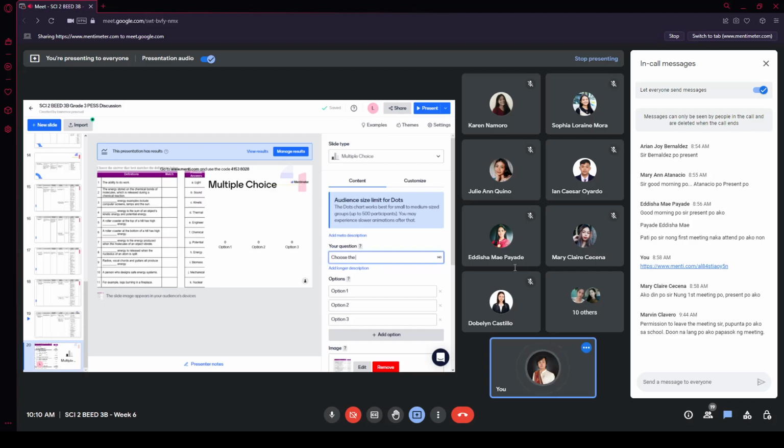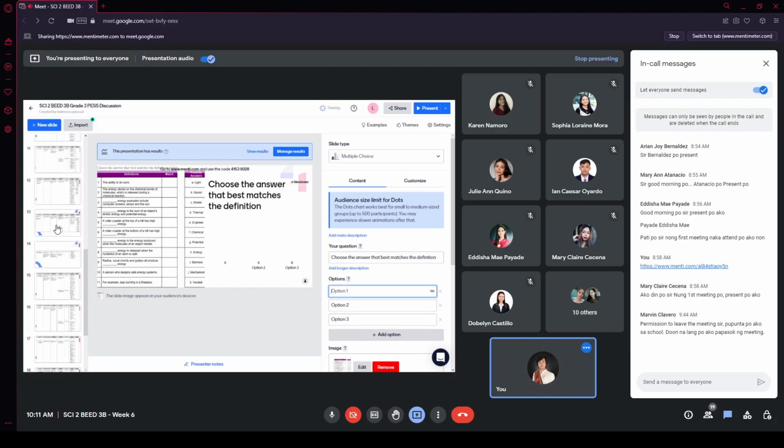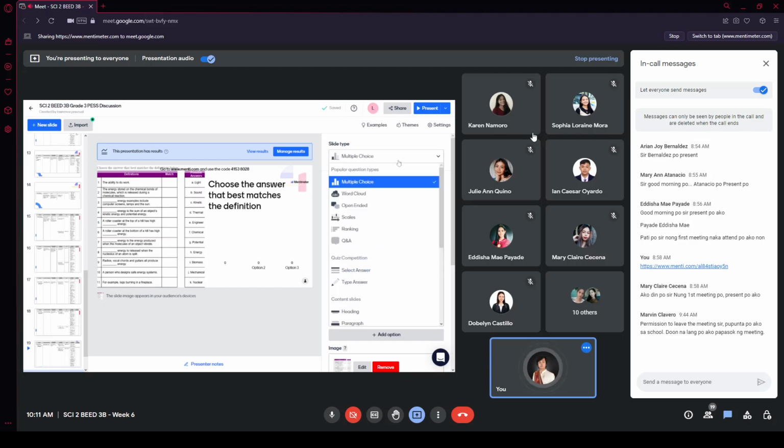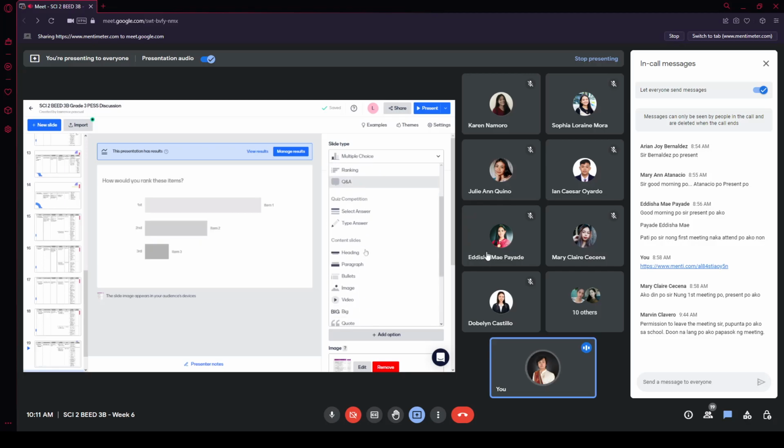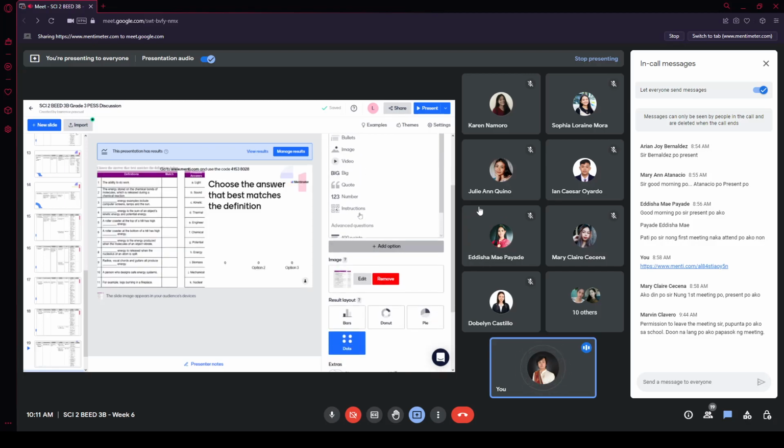Choose the answer that best matches the definition. Okay, so for letter A, option 1. Wait, there should not be multiple choice, because this is matching type.